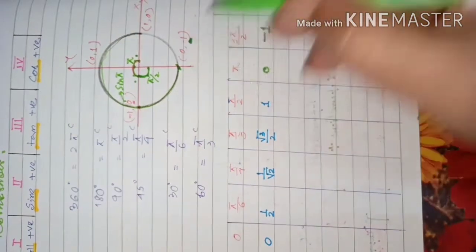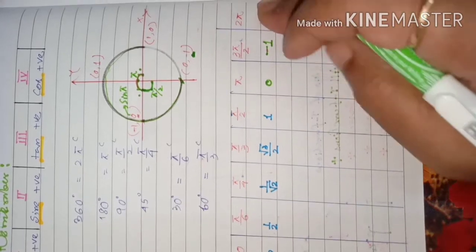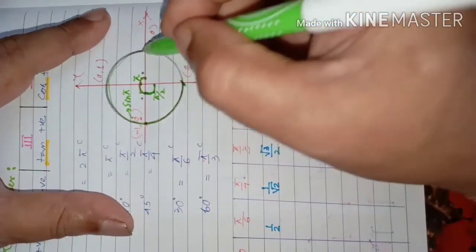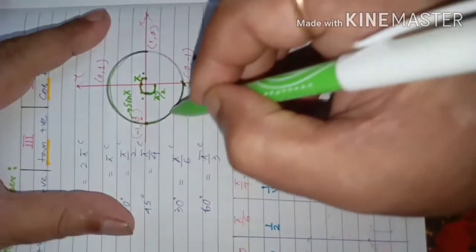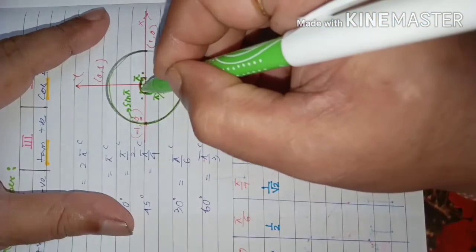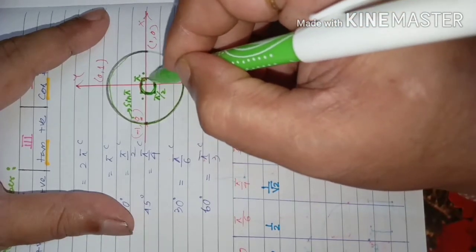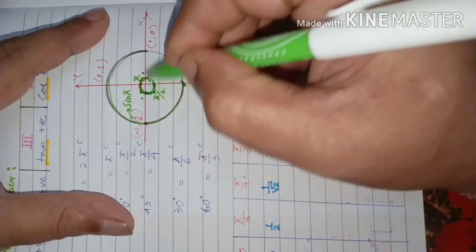Then sine twice pi. The last one I have written here, sine twice pi. Sine twice pi means the complete circle. What does it form here at the center? Twice pi means pi by 2, 4 times. So this is twice pi.